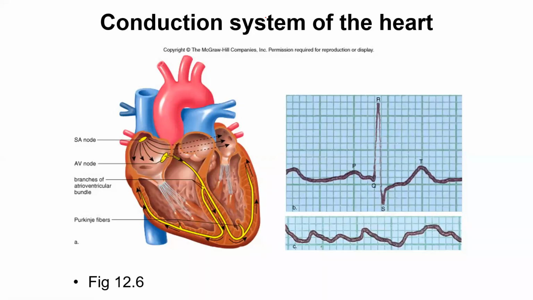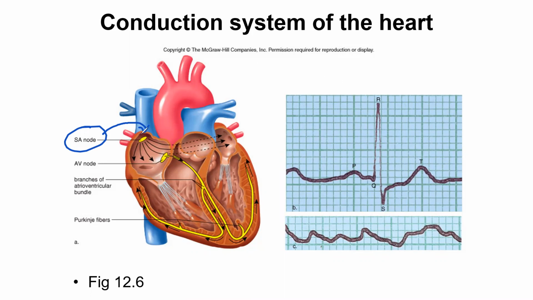I'm going to get my pen up here so I can mark this up. Your SA node is right here. It's found in the very top left portion, that yellow spot there, of the right atrium. It'll generate electrical impulses, or action potentials, whatever we call them.